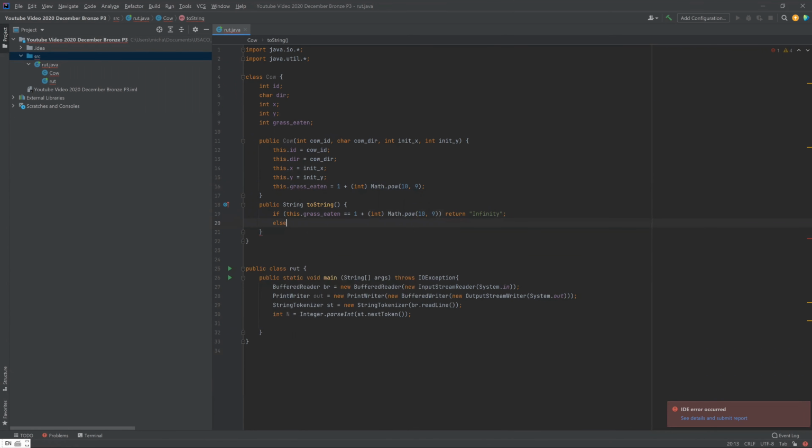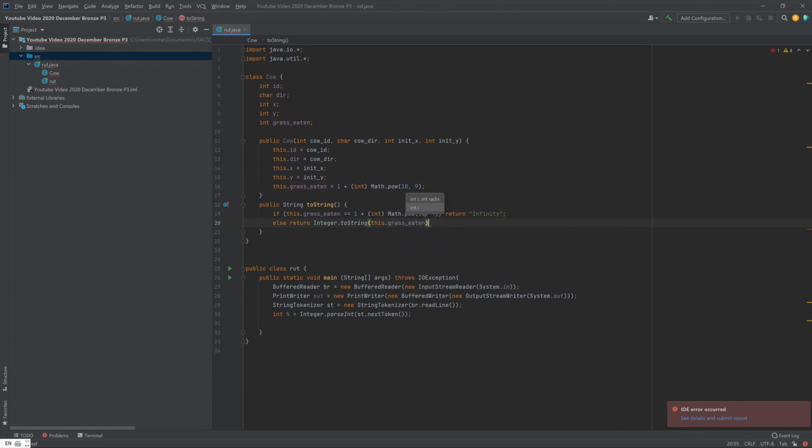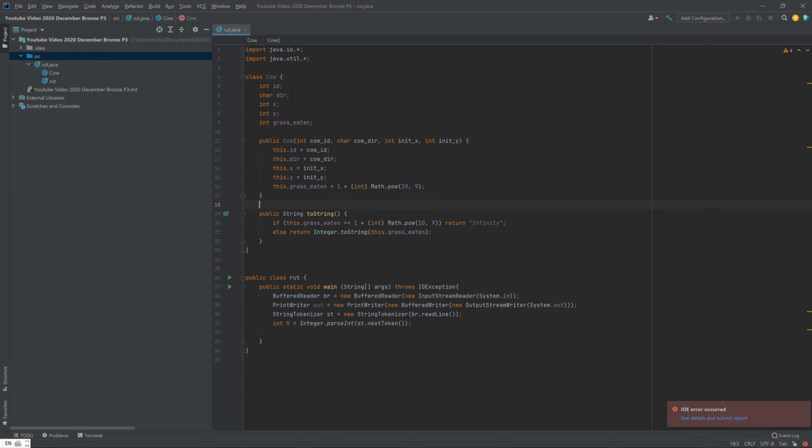Else, actually I don't think I need else, but I'll just do it to be clear. Return the integer converted to a string. Because it's an integer but the method returns a string, I have to convert the integer to a string. All right, now I will do my getters.